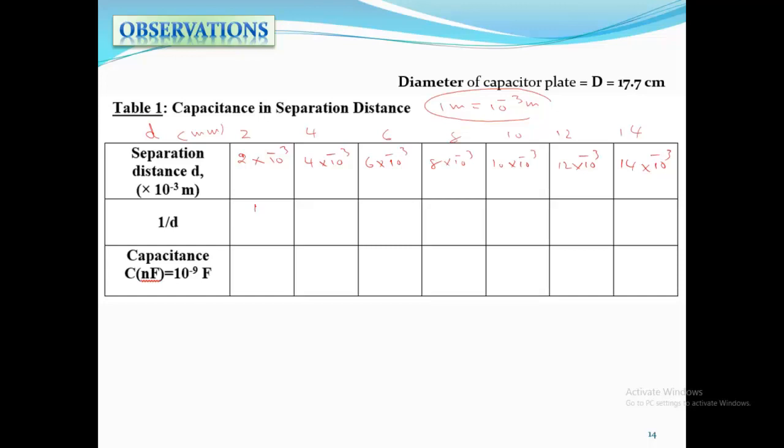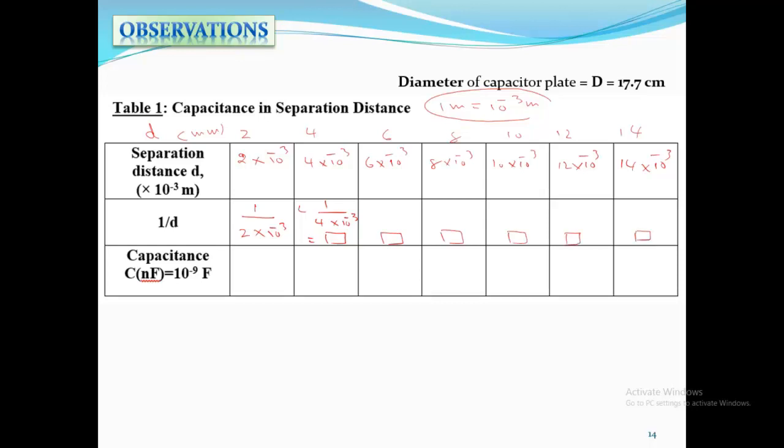I give you one example, the remaining you would do by yourself. 1 divided by 2 times 10 to the minus 3, and whatever your answer is, you would write it down here. Similarly, what is 1 divided by 4 times 10 to the minus 3, the final number you would write down here. Similarly, you will have all these numbers here.